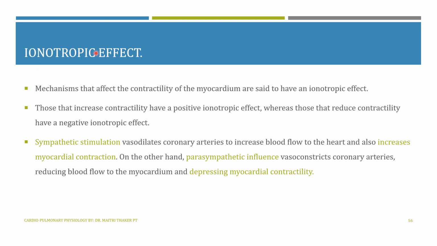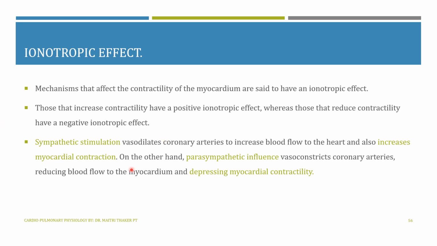Now, inotropic effect. Mechanisms that affect the contractility of the myocardium are said to have an inotropic effect. Those that increase the contractility have a positive inotropic effect, and the effect that reduces the myocardial contractility is a negative inotropic effect.